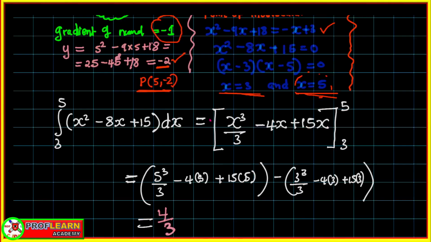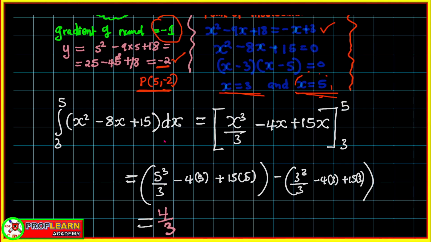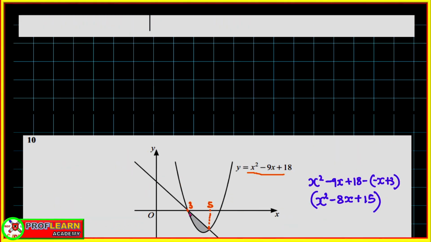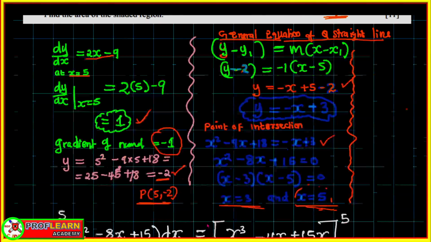But the way I approached it in my case, I decided to subtract the two equations first. So I subtracted the equation of the straight line from the equation of the curve so that I can integrate directly and get my final answer.